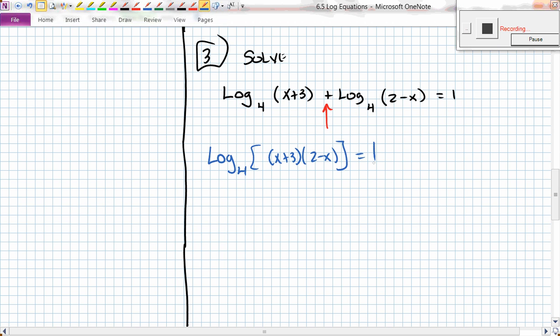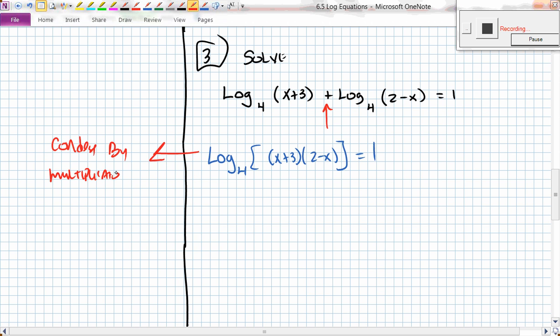What? It's 2 minus x, not x minus 2. I know, man. That's the switcheroo. Yeah. Okay, so we condense through multiplication. Condense by multiplication. Okay. I should actually write the word out, multiplication.